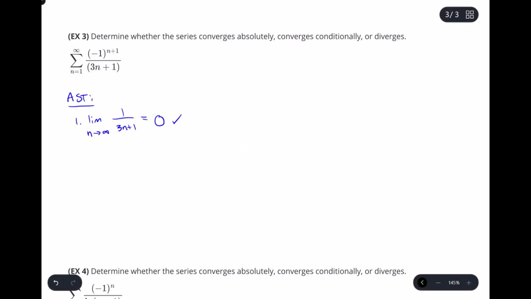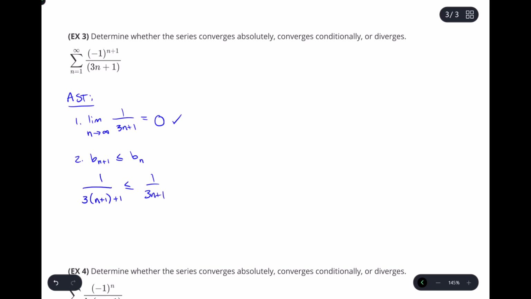That's fine. All right, so that checks out. We also need this to be a decreasing sequence. So we check for decreasing here. So this would be 1 over 3 times (n plus 1) plus 1 should be less than or equal to 1 over 3n plus 1.